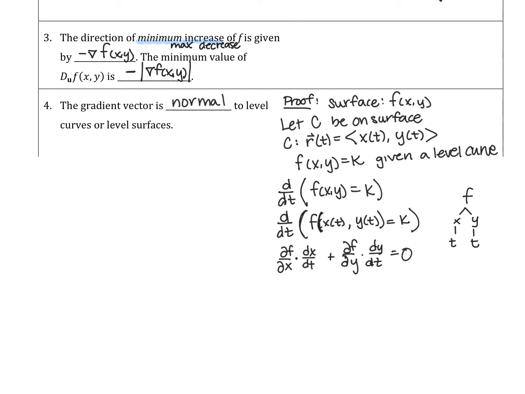Well, look what this gave us. Let's separate this just a little bit. Let's take these two pieces. If we take this piece here and this piece here, notice those are my partials.